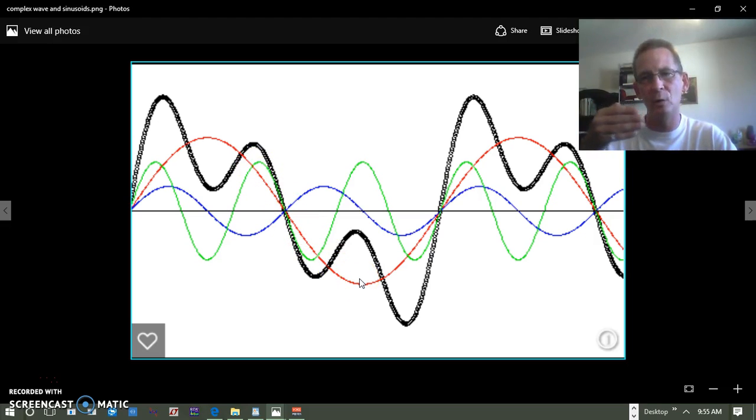There's no stopping. It's just continuous, and it will go up and down. Depending on how complex the waveform, it might be like this black one, where it doesn't look as uniform as a sinusoid, but it's being caused by that compression and rarefaction.